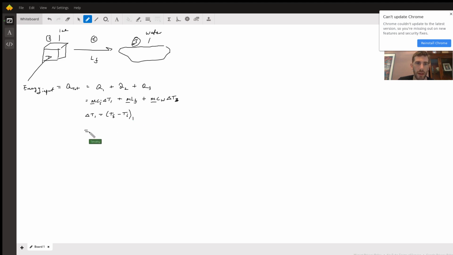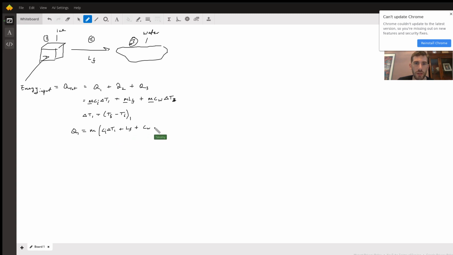So we can go ahead and say that Q total is going to be mass times C_I change in T1 plus L_F plus C water change in T2.